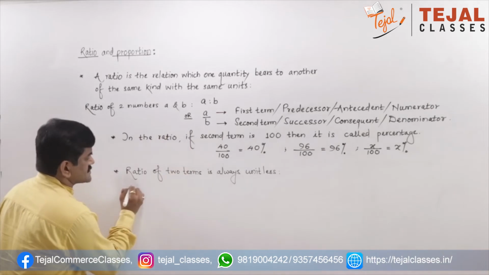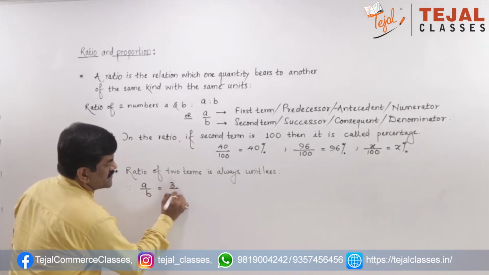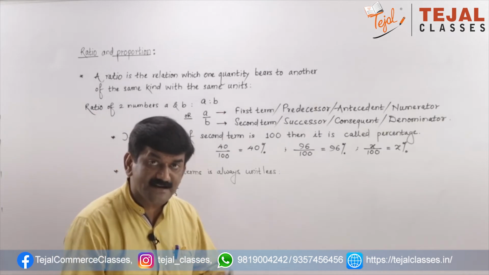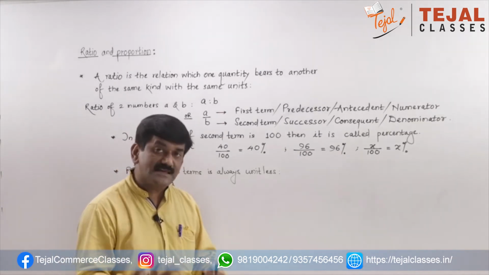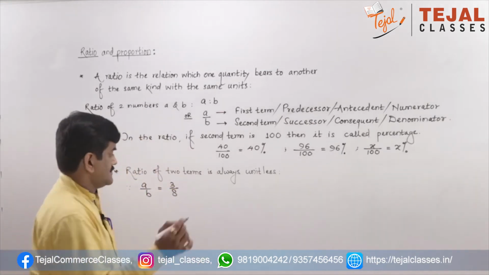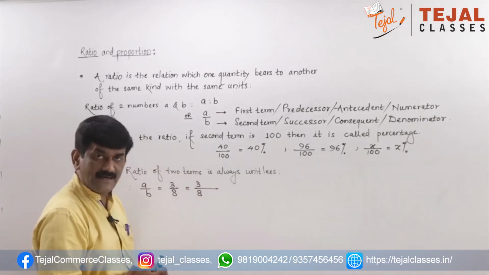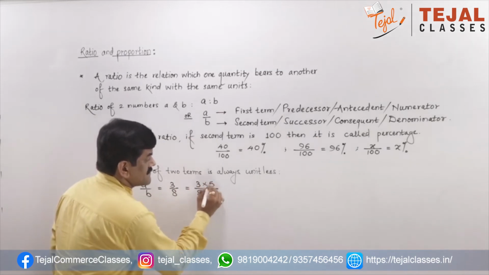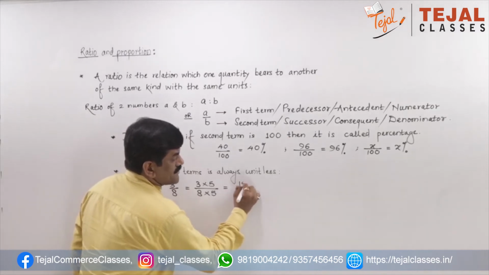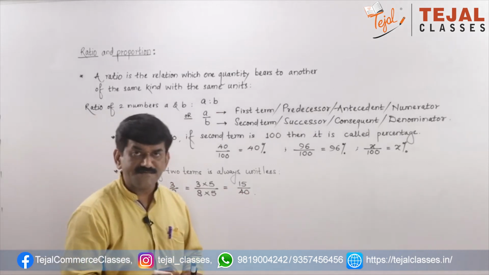Since A upon B equals 3 upon 8, we can write, by multiplying numerator and denominator by the same non-zero number, you will get the same answer. Like this. Suppose 3 upon 8. Here we multiply by 5, the denominator also multiplied by 5. My ratio will be 15 upon 40.